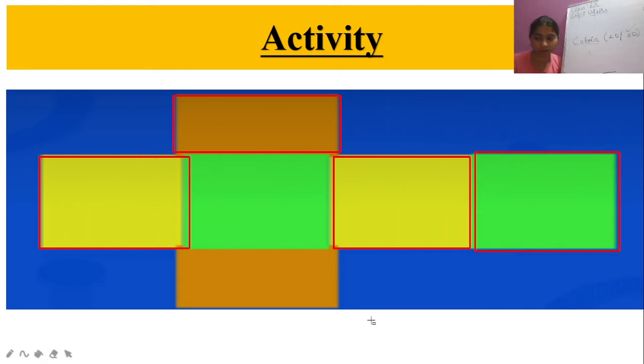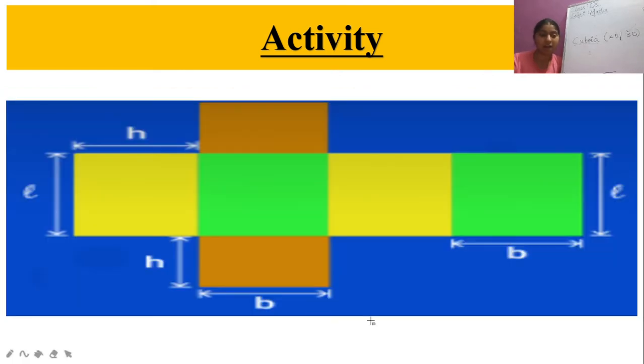Now tell me, do you find any dimensions? Yes, for rectangles there are 2 dimensions, so we have length and breadth. As I've mentioned, the length, breadth and height for this. Do you find all the dimensions for the rectangle?